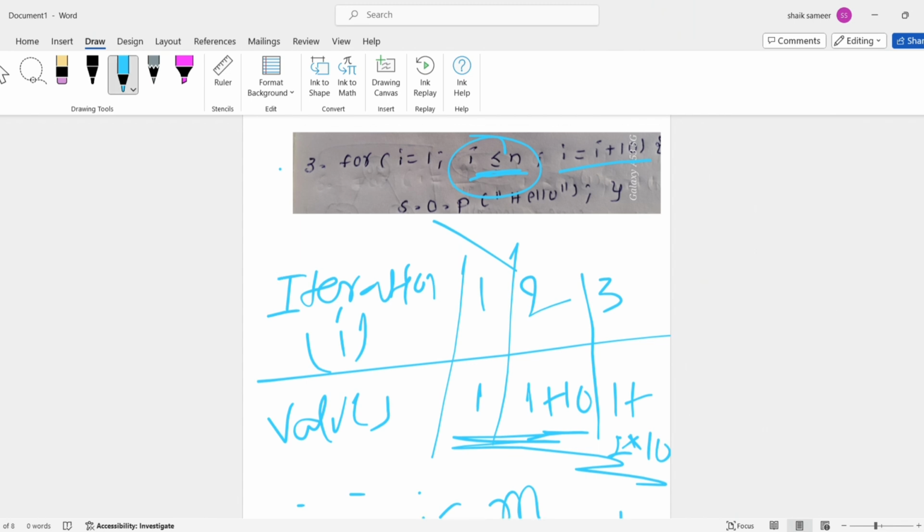Just briefly, we can discuss in 1 minute. Suppose a loop is given to you, just iterate that loop until some value of k condition. For every iteration, the value of i changes, and accordingly the k value is updated.